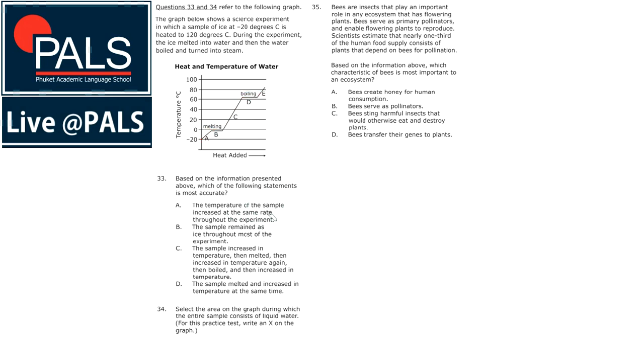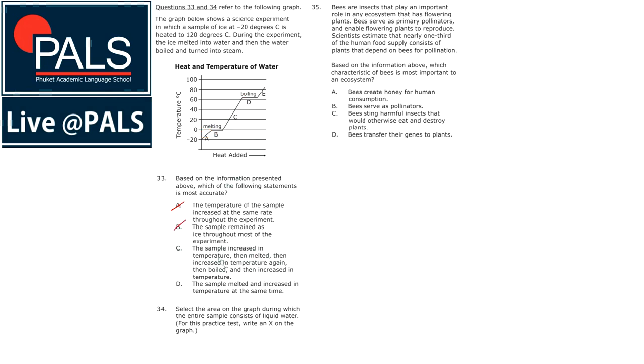The temperature of the sample increased at the same rate throughout the experiment. Nope, we can see that it changes. So it doesn't increase at the same rate. That would be a linear line. Then A would be correct. The sample remained as ice throughout most of the experiment. No, ice is only here. When it's melting, that means it's liquid and then later gaseous.